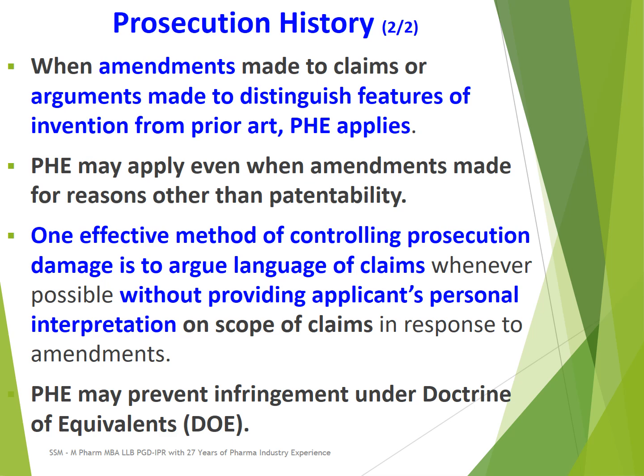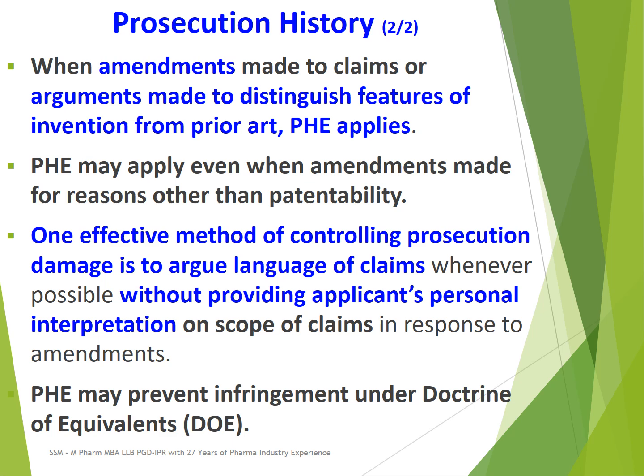So when during patent application prosecution, the applicant surrenders some equivalent of the patented invention, that surrendered equivalent will be there in the prosecution history, and that surrendered equivalent will create prosecution history estoppel.